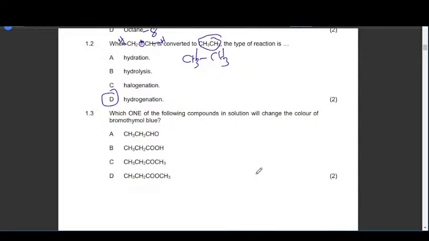1.1.3. They're saying, which one of the following compounds in solution will change the color of bromothymol blue? What are you looking at here? This is an indicator which detects a pH relatively equal to 7.